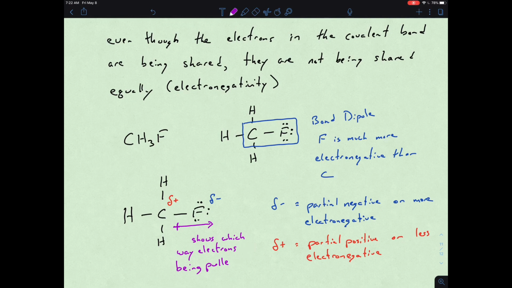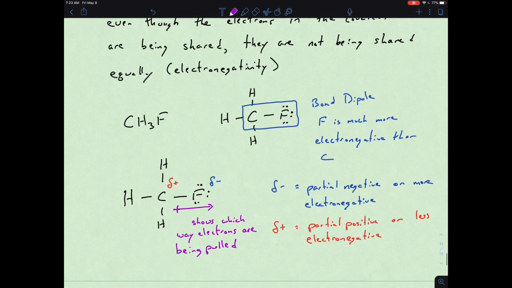So we have two representations, if you will: the partial negative, partial positive, as well as an arrow from positive to negative. So that's the notion that we have with bond dipoles, meaning that it's not a hippy-dippy equal sharing of electrons. Electrons are held closer to the more electronegative element.